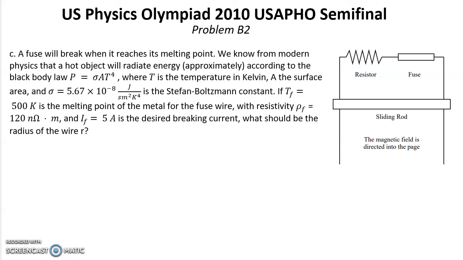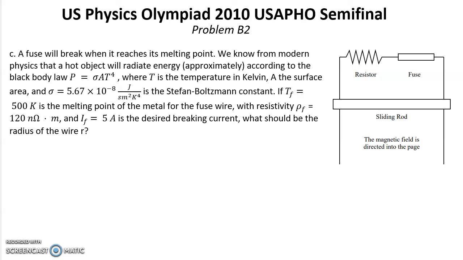If T fuse equals 500 kelvins is the melting point of the metal for the fuse wire with the resistivity rho equal to 120 nano-ohm meters, and I fuse equals 5 amperes is the desired breaking current, what should be the radius of the wire R?